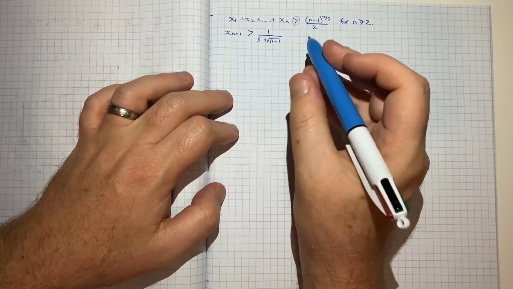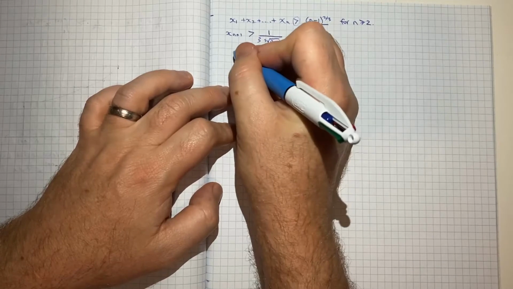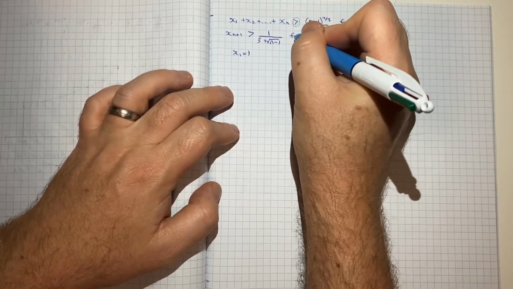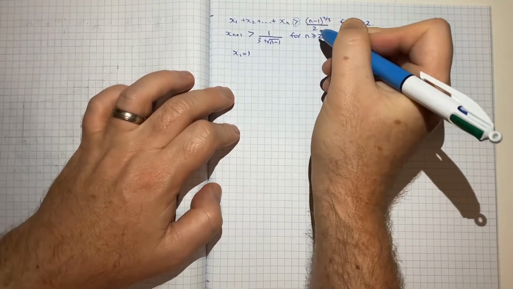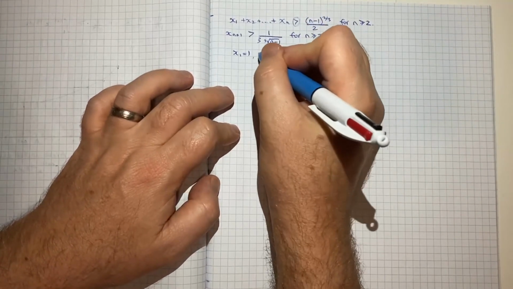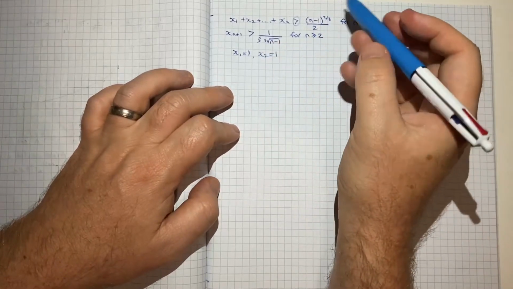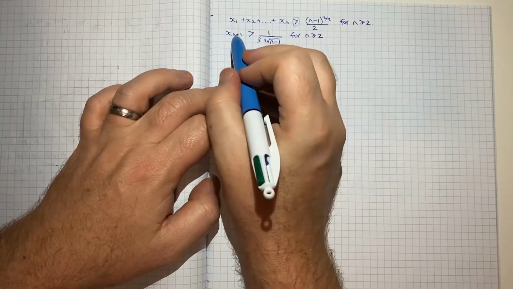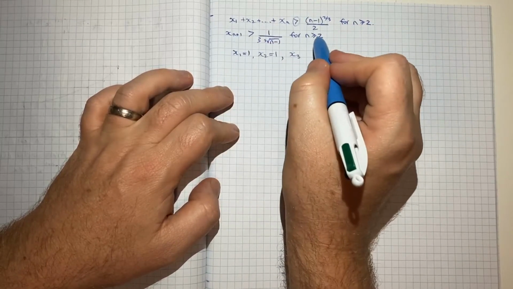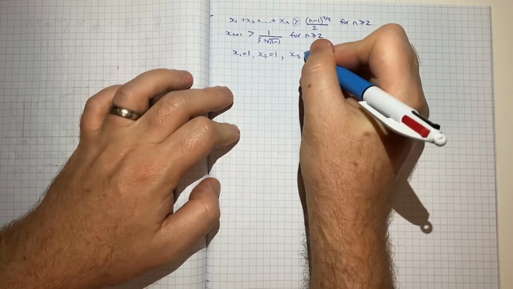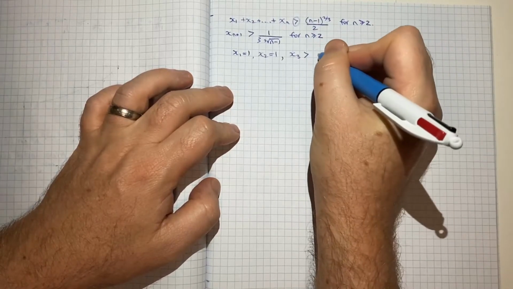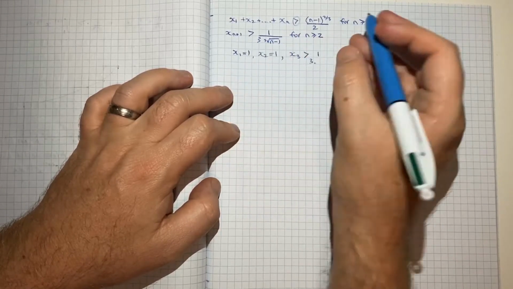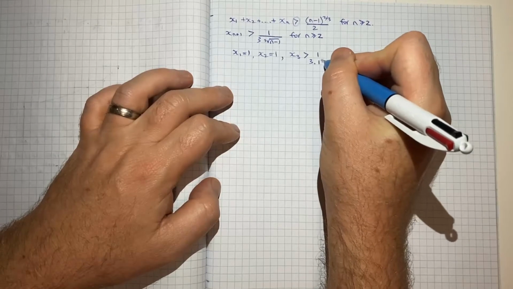So what I'll do is start writing out some of our x's. We know x1 is equal to 1, that's just part of the recursion. And I should say this is for n greater than or equal to 2 as well. X2 is also equal to 1, very easy to demonstrate, 1 on 1 squared is 1. X3, which is x2 plus 1, so the very first time we can use this inequality, is greater than 1 on 3 times the cubed root of 2 minus 1, which is 1, so 1 to the third.